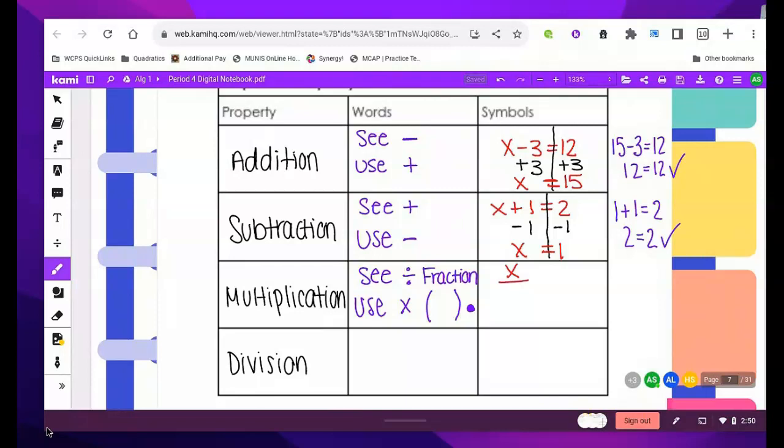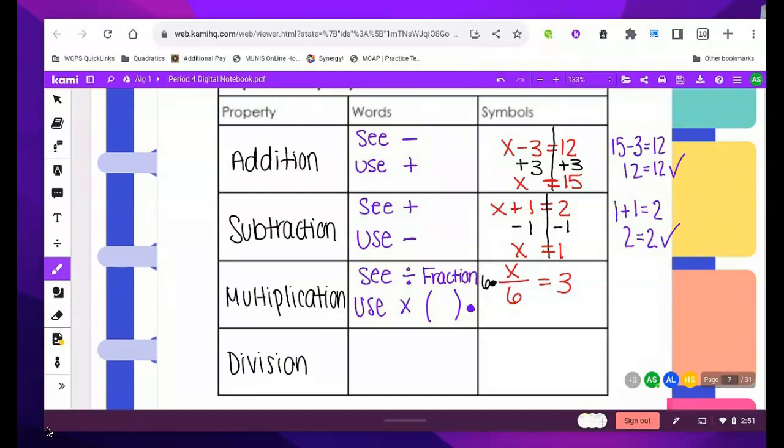x divided by 6 equals 3. So I see a fraction, which means I see division, and I need to use multiplication to undo.